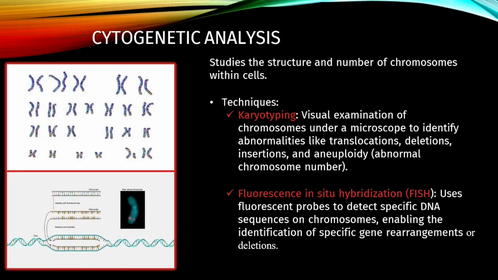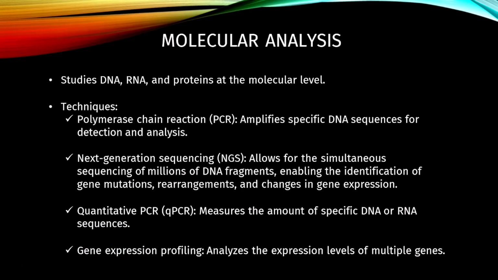In FISH, we are using fluorescent probes to detect specific DNA sequences on chromosomes, enabling the identification of specific gene rearrangements or deletions. Molecular analysis studies DNA, RNA, and proteins at the molecular level. Techniques used are PCR, NGS, qPCR, gene expression profiling. PCR amplifies specific DNA sequences for detection and analysis.